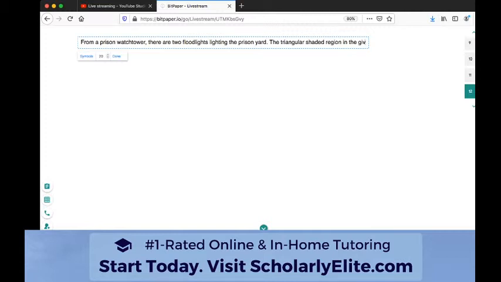Okay. So there are 2 floodlights. Sorry, I just wanted to make sure that we were looking at the right thing. Back to this here. I lost my page here. Okay.